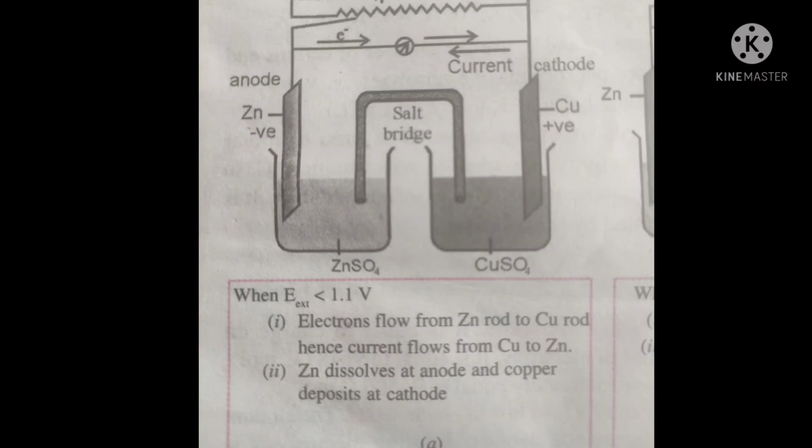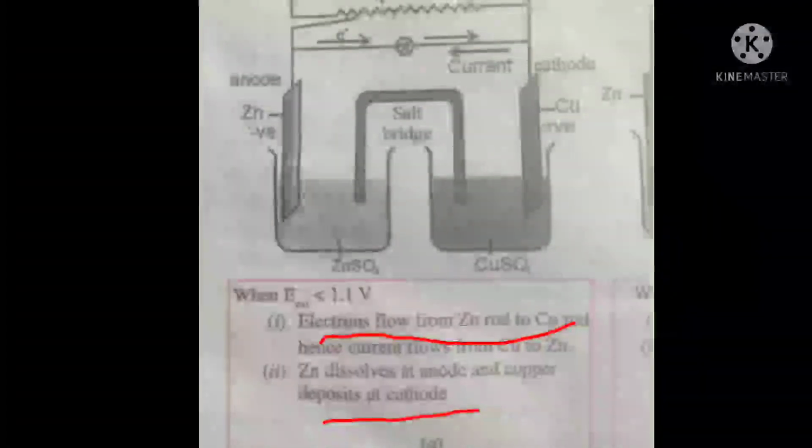The picture shows that if the external voltage is less than 1.1 volts, then electrons flow from the zinc rod to the copper rod. Hence, current flows from copper to zinc. Zinc dissolves at the anode.